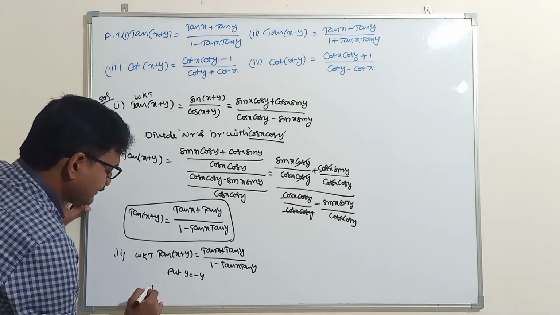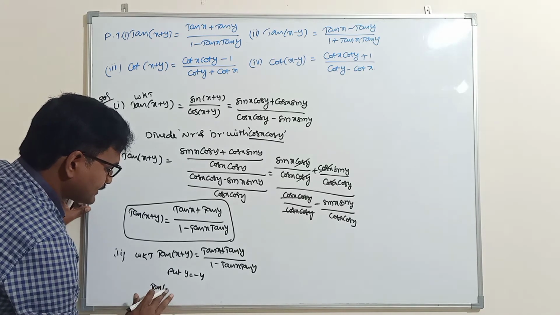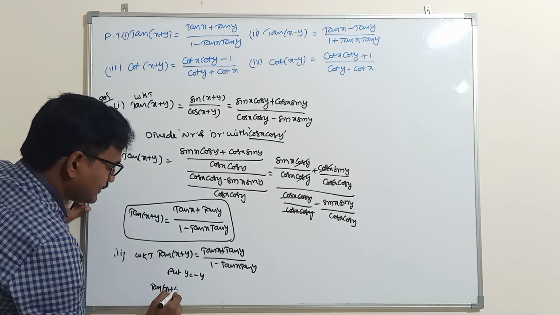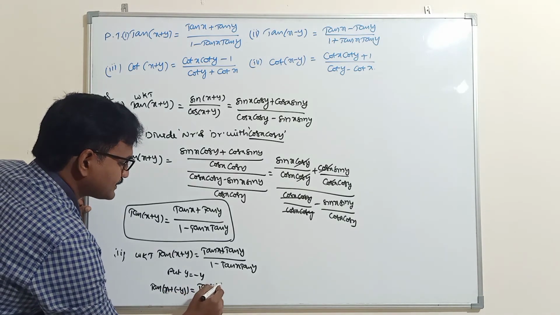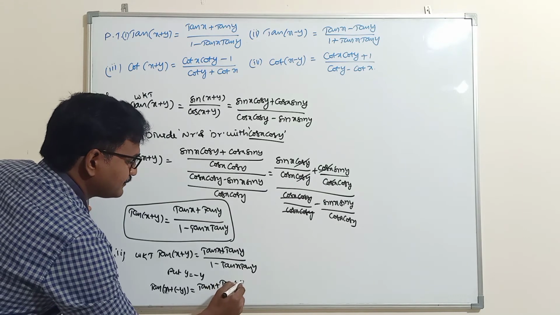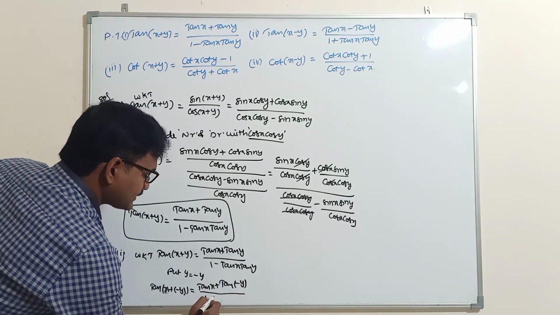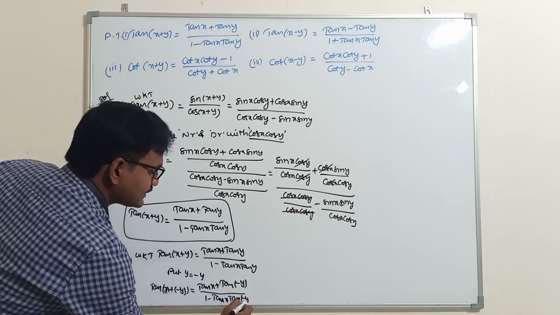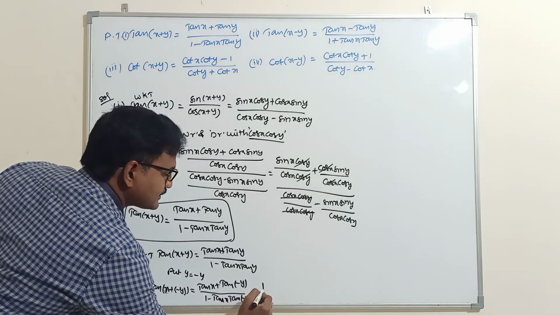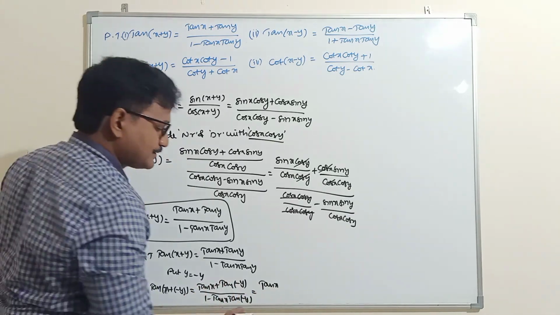If you replace y with minus y, then what you will get? Tan of x plus of minus y is equal to tan x plus tan of minus y, by 1 minus tan x into tan of minus y. So tan x plus tan of minus y is minus tan y.